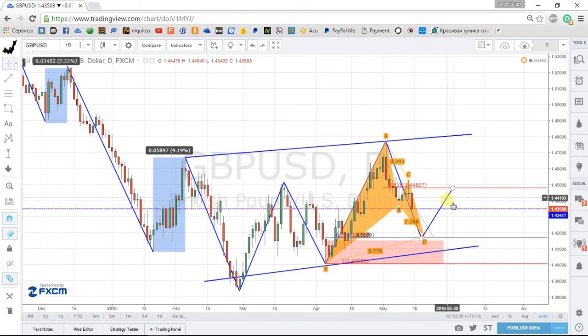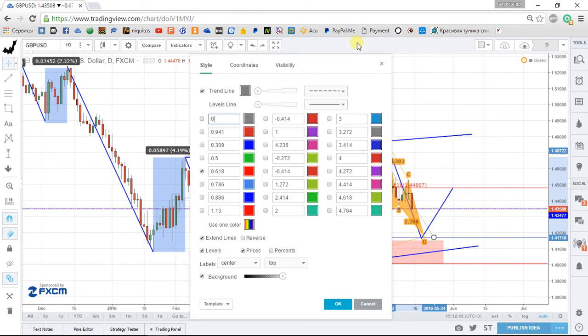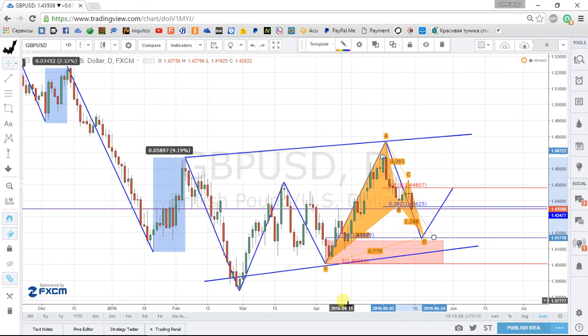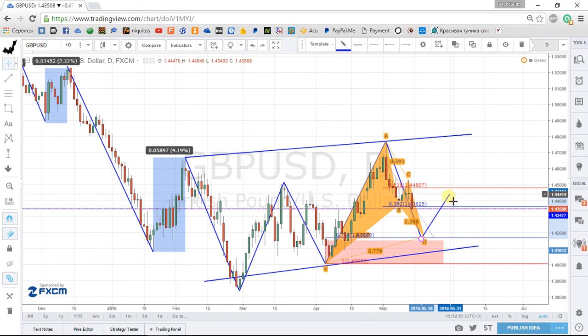Well, let me go back, enable this one. 382. Typically, when price goes here to the upside, I am moving my stops to break even, or I am closing half of my position here, and then I have a risk-free opportunity all the way to the upside until that 618 target, the secondary target of mine.